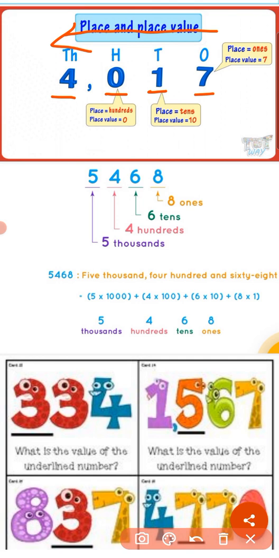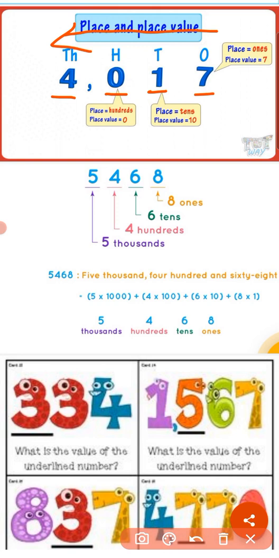So 7 is in ones place, O stands for ones. Then 1 is in tens place, T. 0 is in hundreds place, H. 4 is in thousands place, TH.